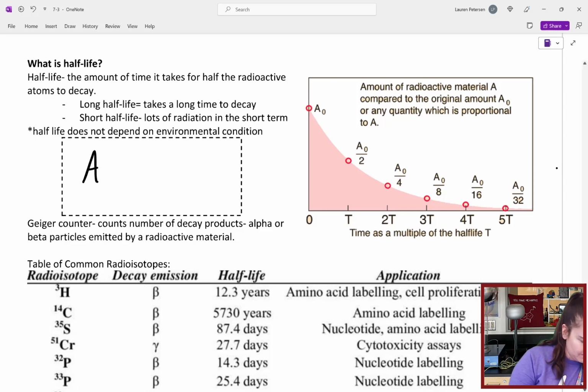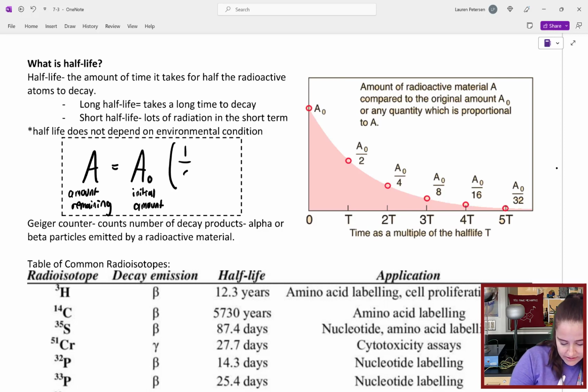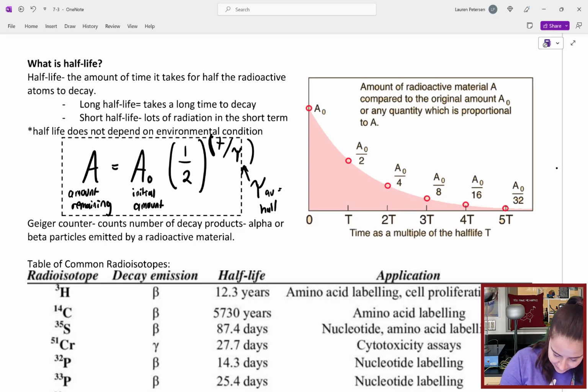The amount remaining, in whatever units you're using, equals A, the initial amount, times 1/2, because it's a half-life, to the power of however many half-lives you've had, typically written as t over tau, where tau is the half-life and t is the time.